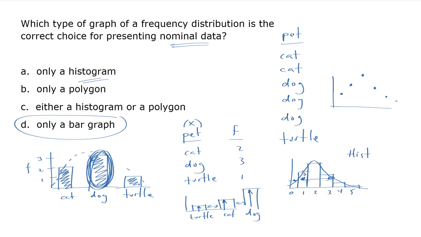So you would have dots that you're going to connect. So we would have something that looks like this. Again, you can see that this shows us the kind of rise and fall that is important to be expressing or to be highlighting when you're dealing with actual numerical data, which we're not when we're dealing with nominal data. So a bar graph is the only choice.